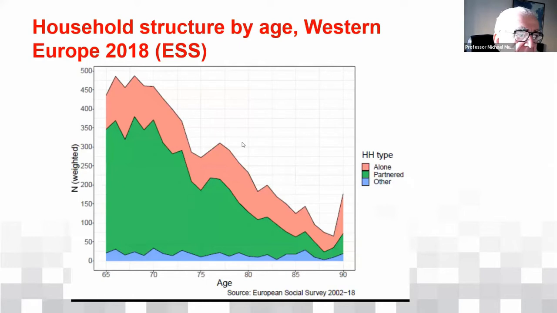And this shows the household structure of our sample population from age 65 up to age 90, where 90 and over is an open-ended band, by their household status. Living alone has roughly similar numbers across all age groups, but the partnered obviously declined substantially, and the other group is relatively constant across age groups.